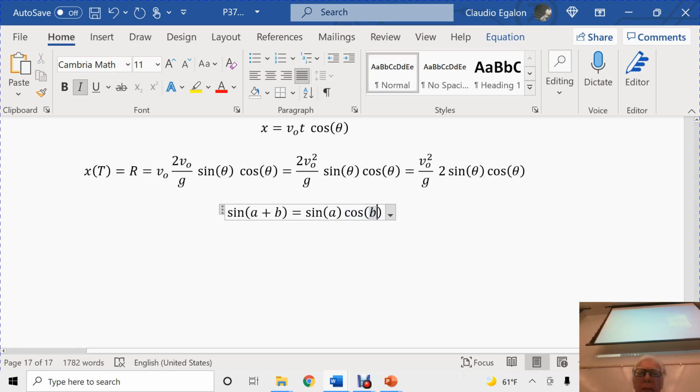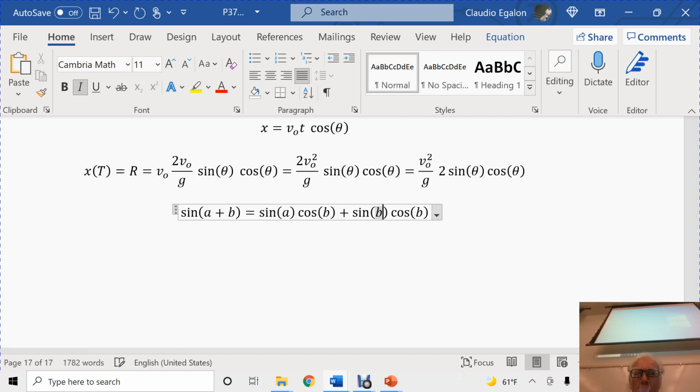but there must be a second term here as well, a summation. Here you go, you have a plus sign, and then the second term. That's what we end up memorizing in trigonometry.